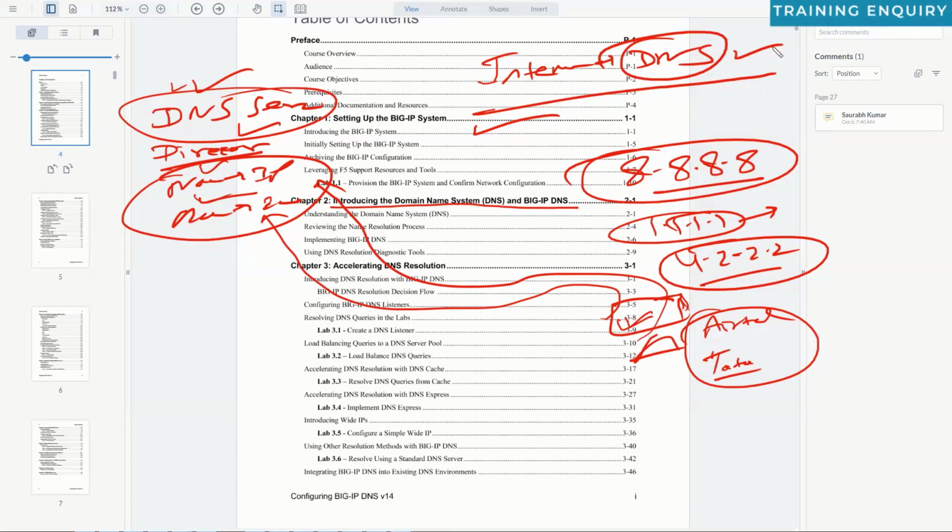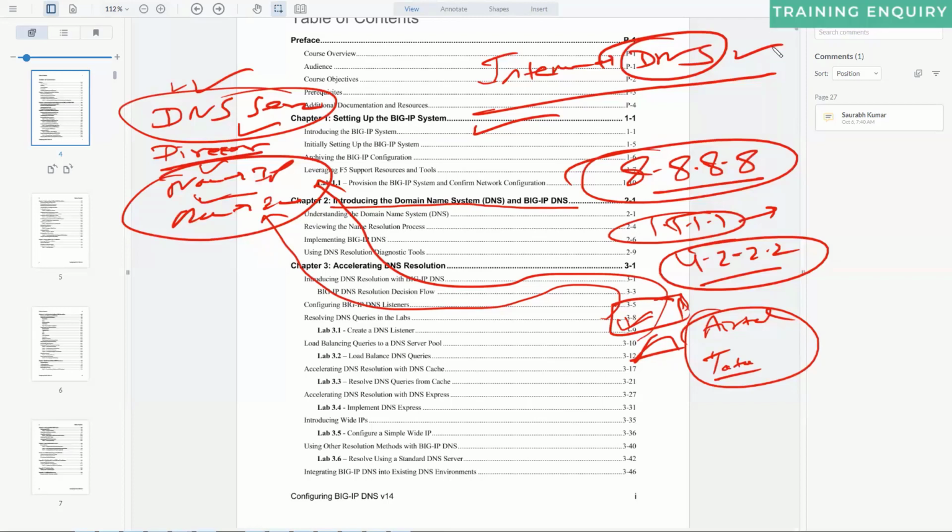Billions, right? Now, if you have billions of internet users, and let's say most of them are using Google 8.8.8.8 or maybe Cloudflare 1.1.1.1 DNS servers, because they don't trust their own ISP, so they decided to use Google DNS or another public DNS server.